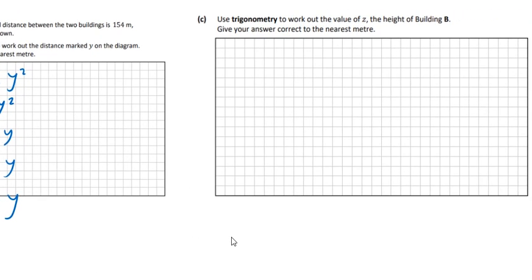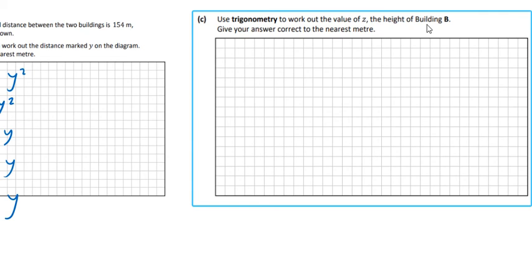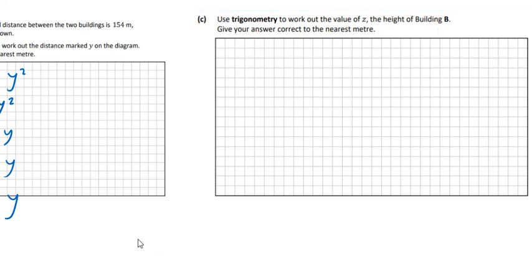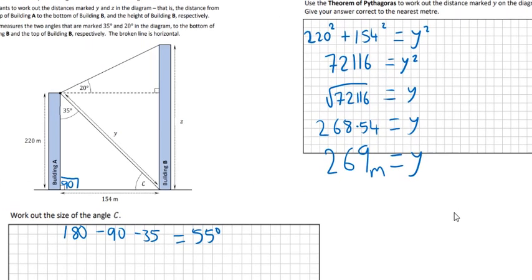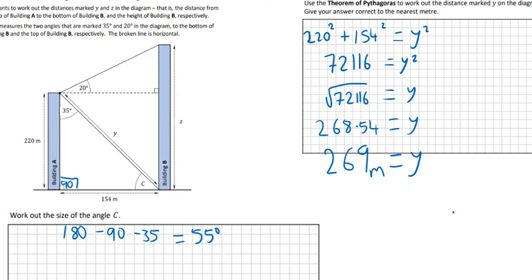Now use trigonometry to work out the value of Z, the height of building B. So we have to work out this distance here on the right hand side. We know some of it already, because building A is 220 meters.